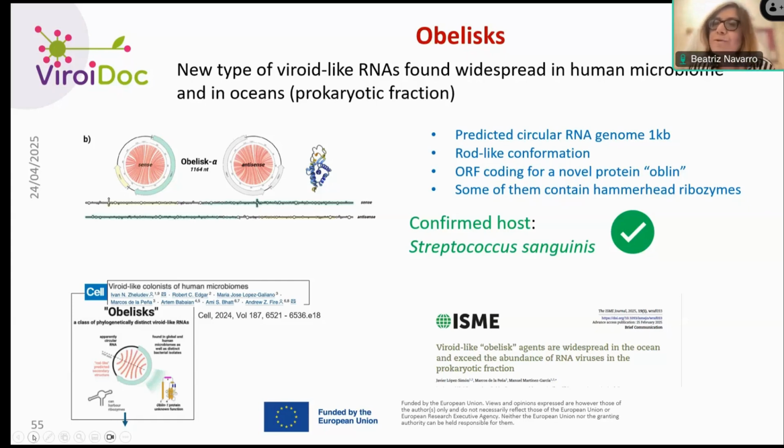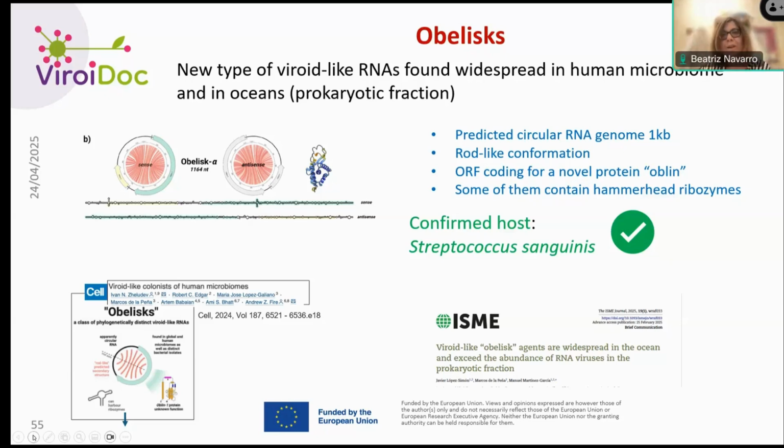Only one host was confirmed for these obelisks, and they found about 30,000 of these types of obelisks widespread in the human microbiome. And in the oceans, as you see here in the title of the article, they exceed the abundance of RNA viruses in the prokaryotic fraction of the ocean.